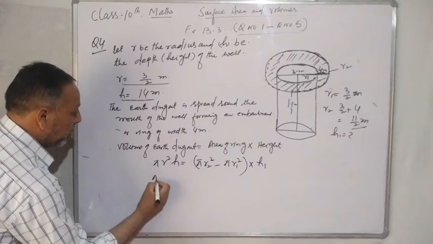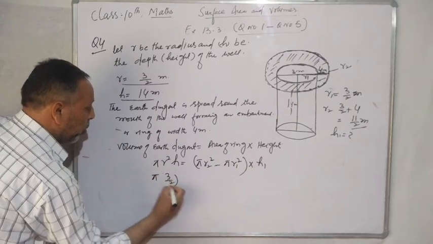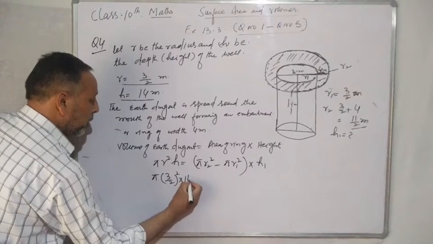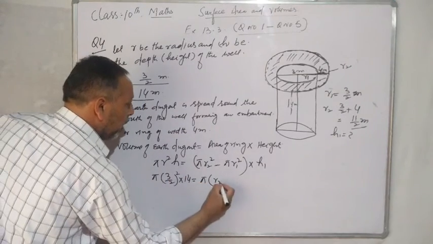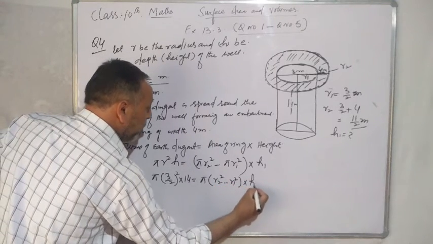तो पाई r, 3/2 whole square into h, is 14, is equal, take pi common here, it is r2 square minus r1 square into h1.